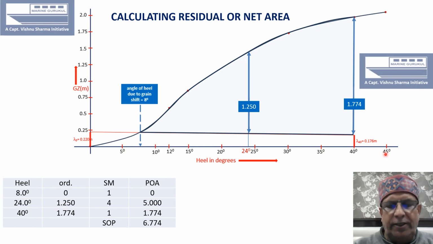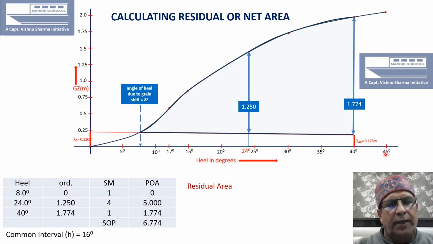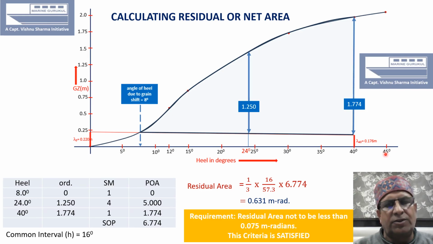We get these values, we apply rule 1. Coefficient for rule 1 is 1 by 3 and common interval is 16. We calculate this area and we get it as 0.631 meter radian. Requirement is this area shall not be less than 0.075 meter radian. This criteria is also satisfied.